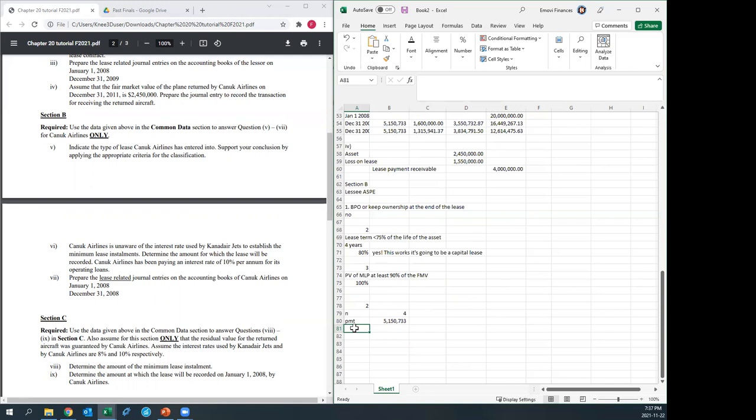Your future value for them is going to be 0 because it's unguaranteed. So it's not guaranteed that they're going to have to pay anything. And then the PV is what we're going to find, and then your rate is 10%.